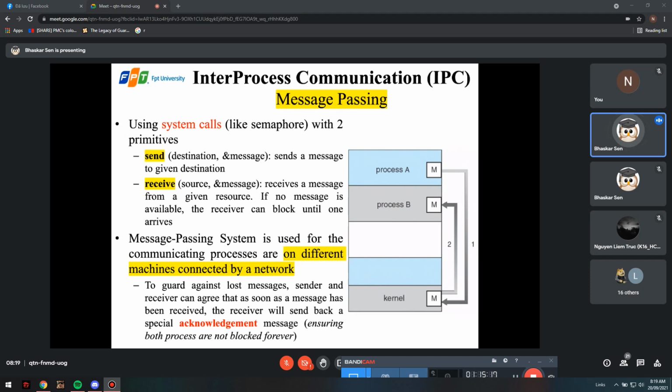That was another mechanism, but that is more common when the communication or IPC is happening over a network. But here, acknowledgement is something that we are always looking for. Acknowledgement is the key issue.